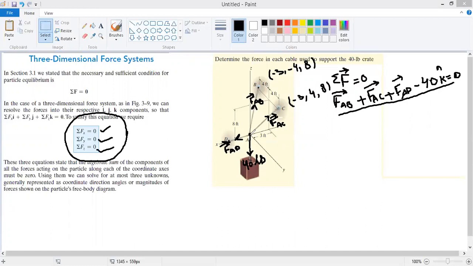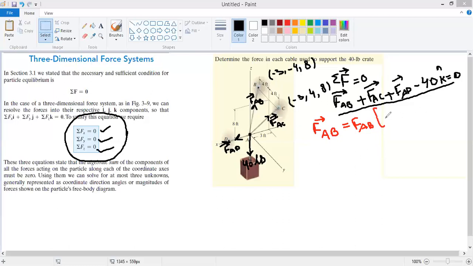FAB is the force acting from point A towards point B. Force FAB is a vector, and it can be written as the magnitude of FAB along a unit vector drawn from A to B.